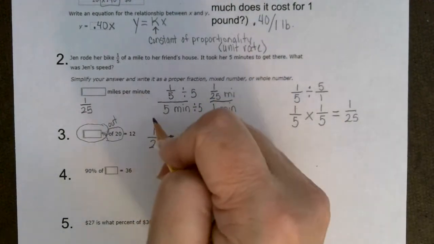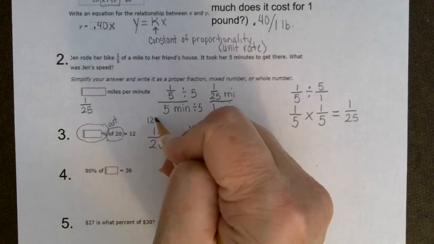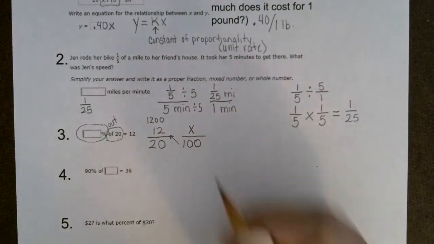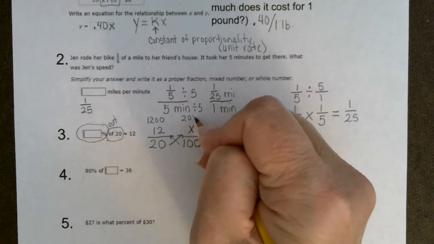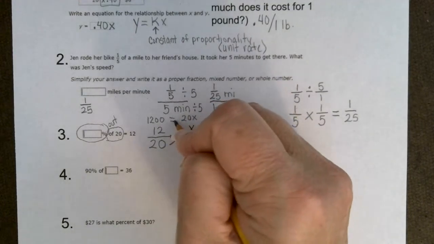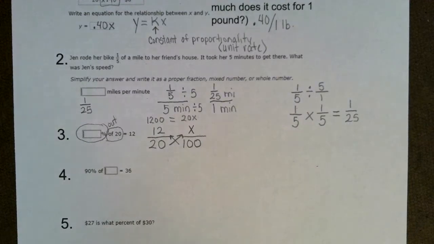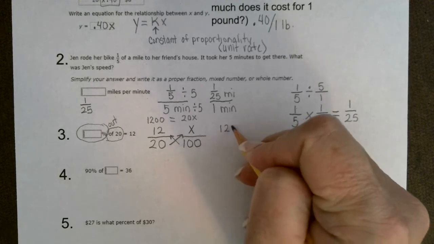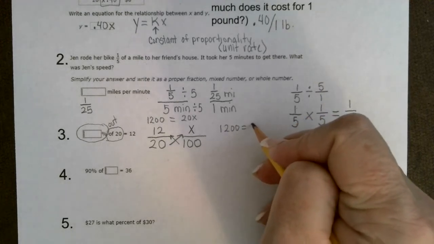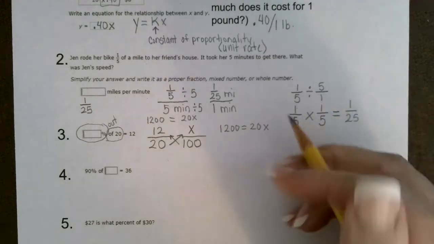12 times 100 is 1200. And 20 times x is 20x. Remember, those two things have to be equal, because when I cross multiply and I have a proportion, those two things have to be equal. So if you don't know what you multiply, you can set up your equation. 1200 equals 20x.